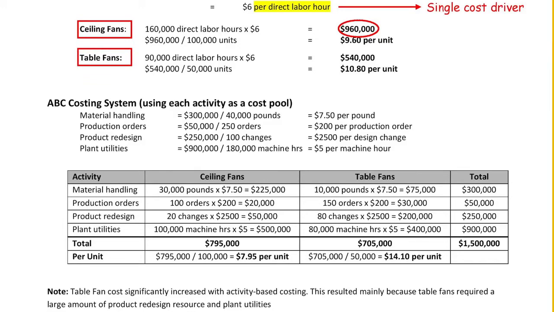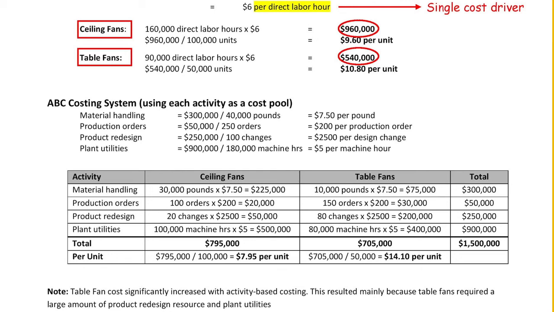So 90,000 times 6 gives us, circle, $540,000. So the total overhead of $1.5 million under the traditional system is allocated $960,000 to ceiling fans and $540,000 to table fans based on a single cost driver, direct labor hours.